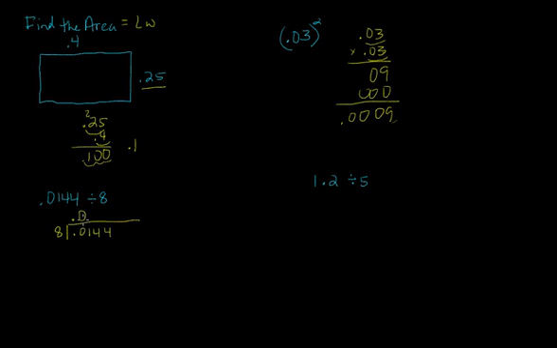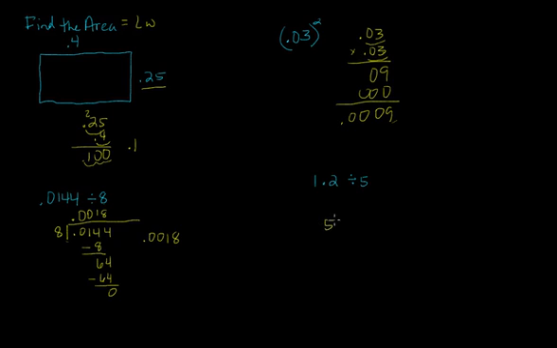Make sure you put that 0 there. 8 goes in the 1, 0 times. 8 goes in the 14 once. 8 goes in the 64 8 times. All right, so our answer is 0.0018.